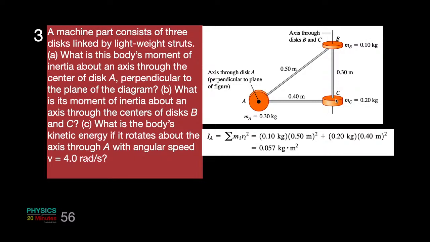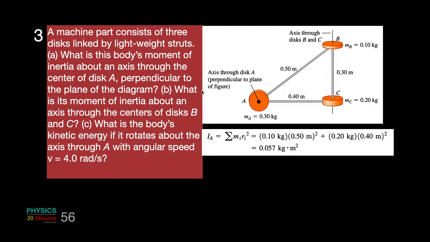And for C, radial distance is 0.4, so for C you write 0.20 into 0.4 square. If you add up the two, you get 0.057 kg meter square. So this is your answer for the A part.